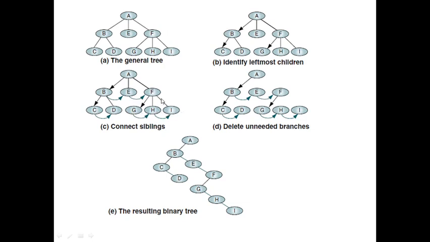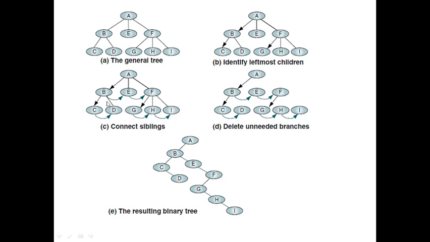Now we remove the additional connections, that is from F to I and F to H. We just need one connection from B to C and D, and similarly from F to G, H, I. So the tree has now become like this.